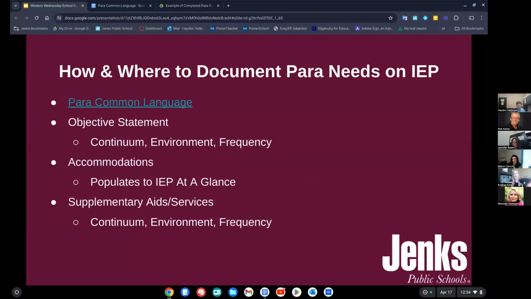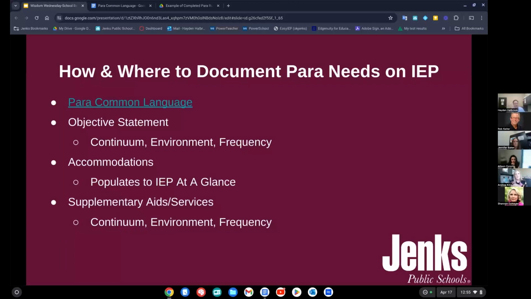So when you do an IEP at a glance, it populates to the IEP at a glance. At the beginning of the school year, a lot of teachers request the IEP at a glance versus a 20-page document of the student's IEP. And those accommodations show up so that teacher can instantly see, oh, this student needs para support in music, lunch, recess.